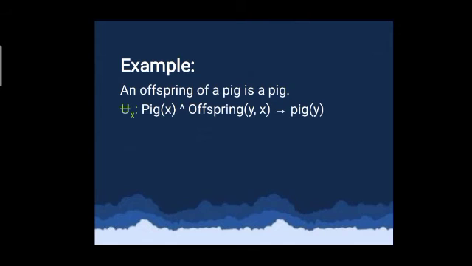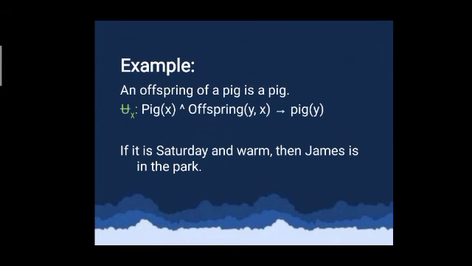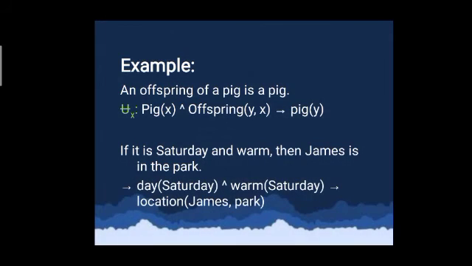So our next example is, if it is Saturday and warm, then James is in the park. So we are going to say that day is a predicate, and then Saturday. Saturday is what? Saturday is day, and warm.